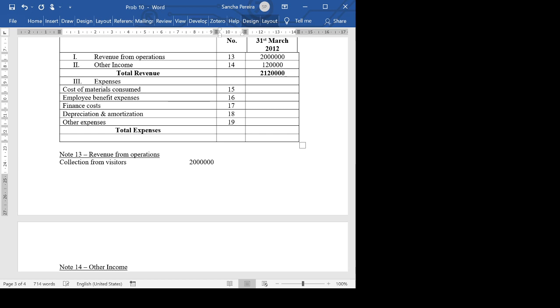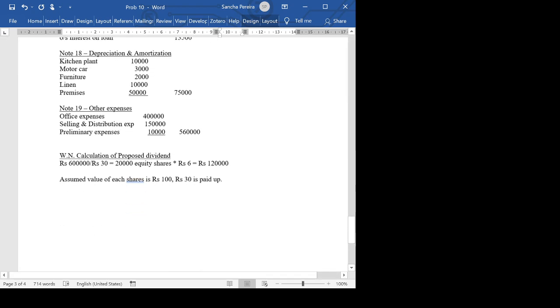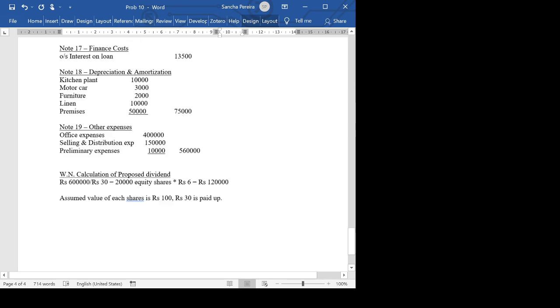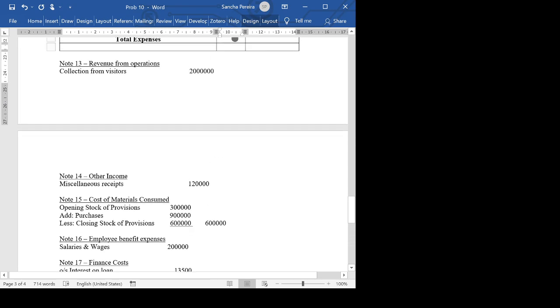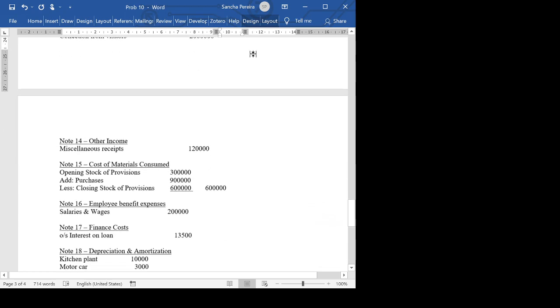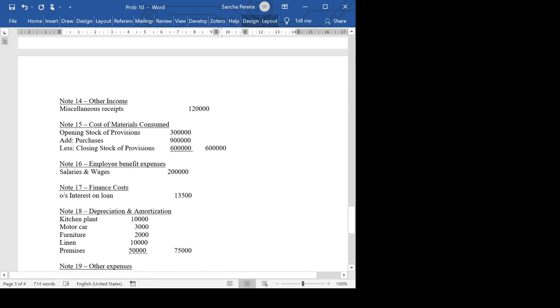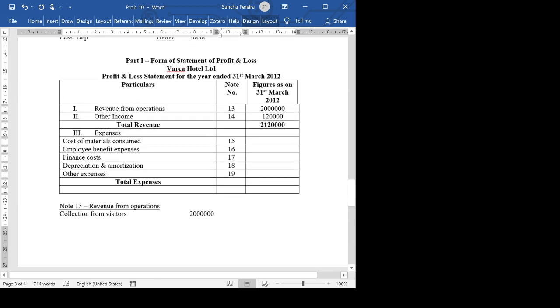So we have these amounts now. The cost of materials consumed is 6 lakhs.